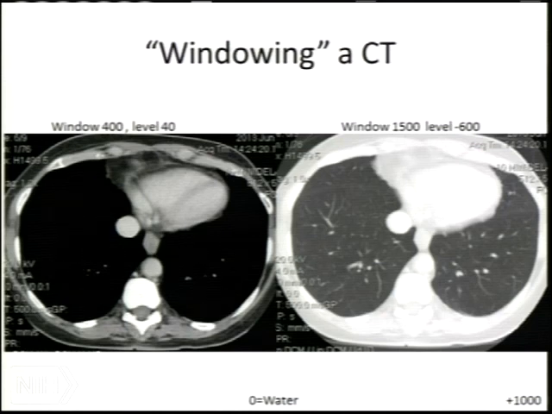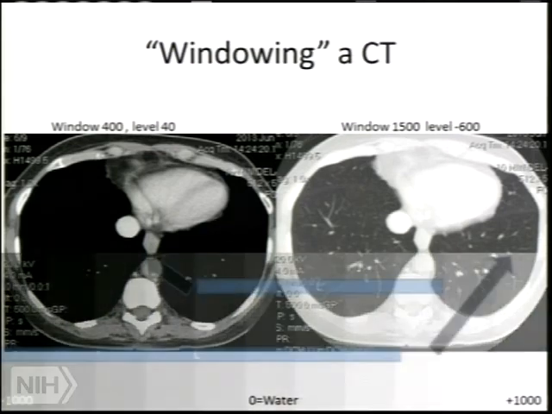So I avoid that. But really, for every image, you get 2 or 3 different windows that give you access to different kinds of information on the scan. Here, the soft tissues; here, the lungs; and in another window, you could accentuate the bones. And there are even others that can be used.